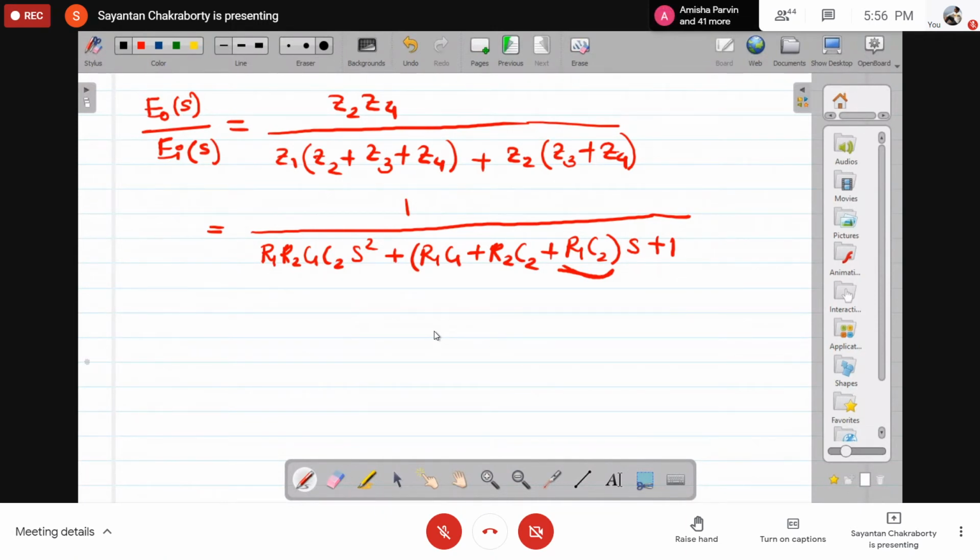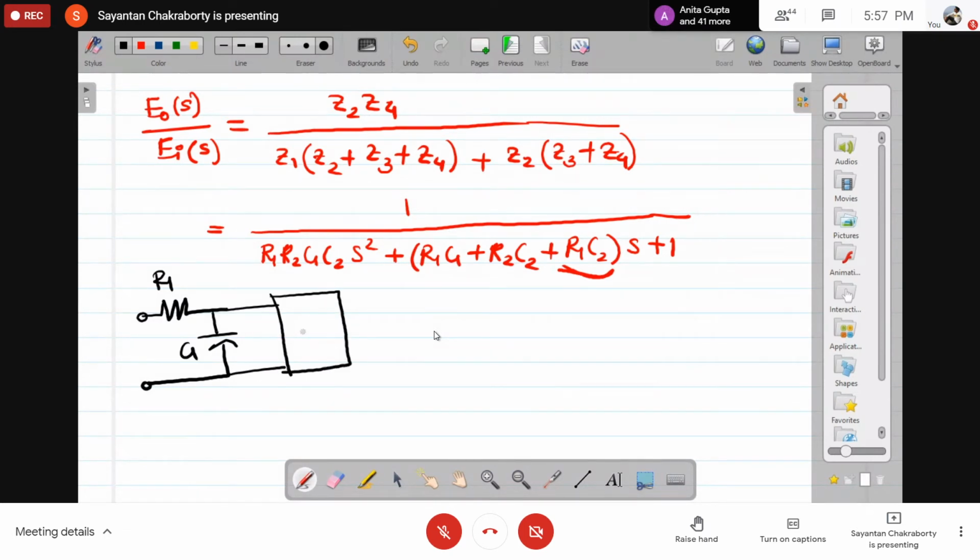Now, a special case may appear where you have two RC circuits still, and they are isolated by an amplifier of gain K. This amplifier ensures that no current is drawn from the output of this first part.